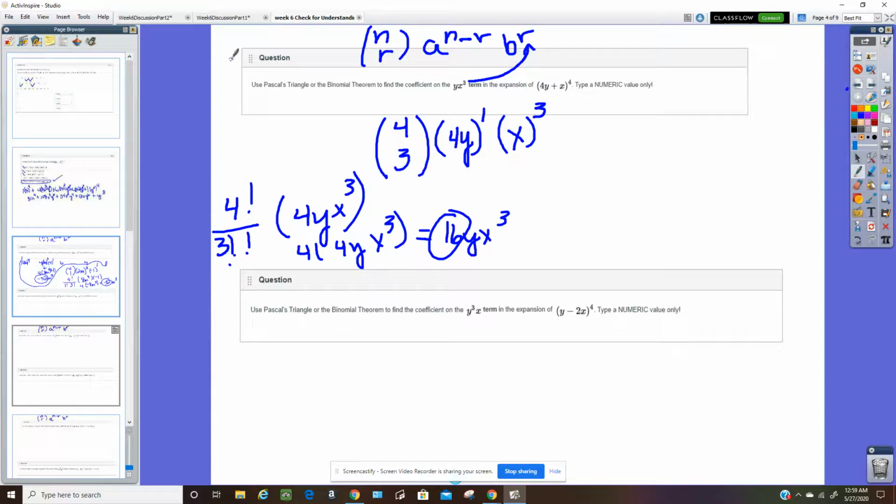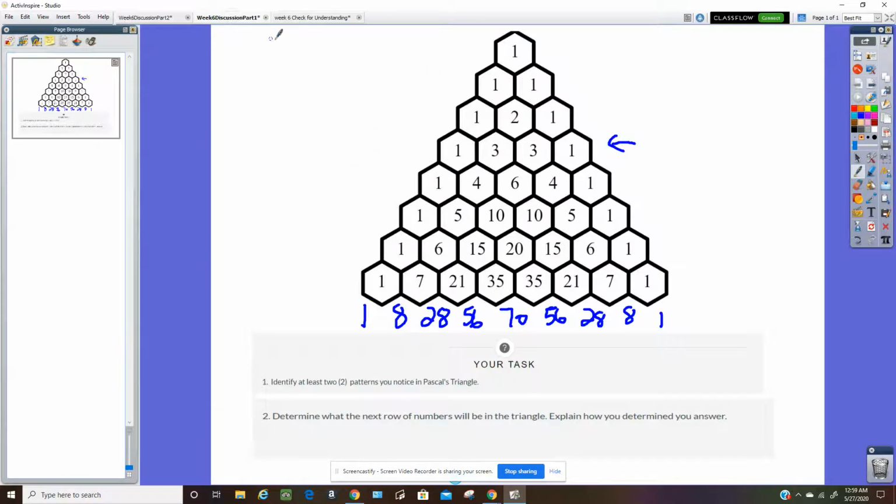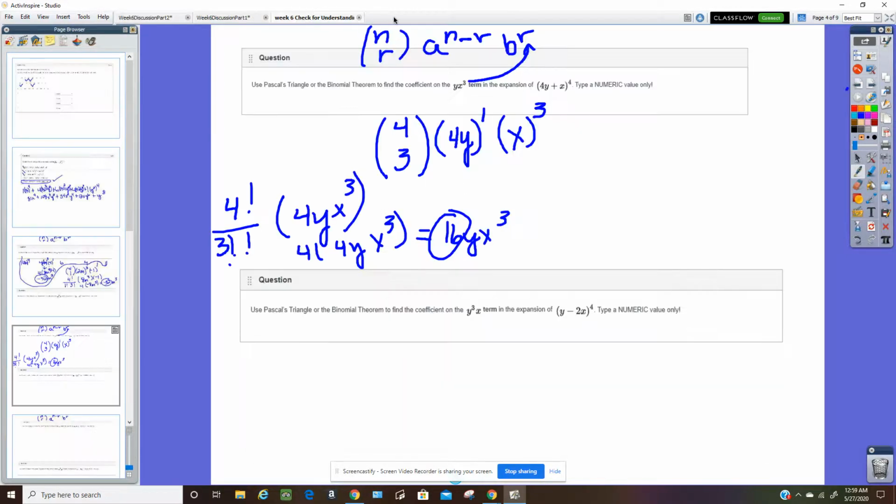Or the same with Pascal's triangle again. So if I go back to Pascal's triangle and I want row 4, which is the fifth row down, 0, 1, 2, 3, 4. So 1, 4, 6, 4, 1.